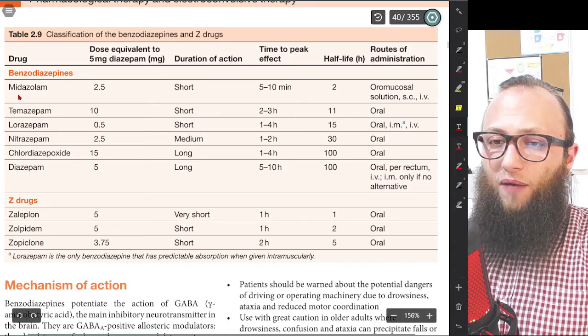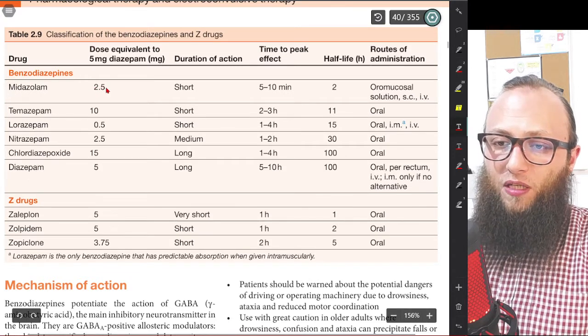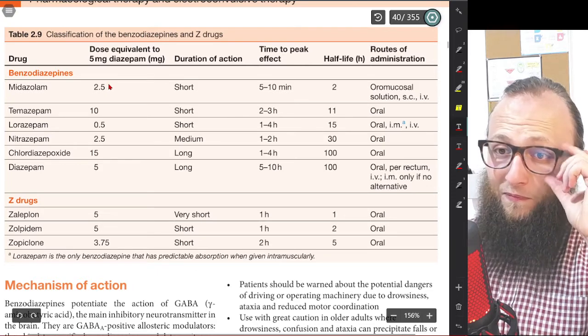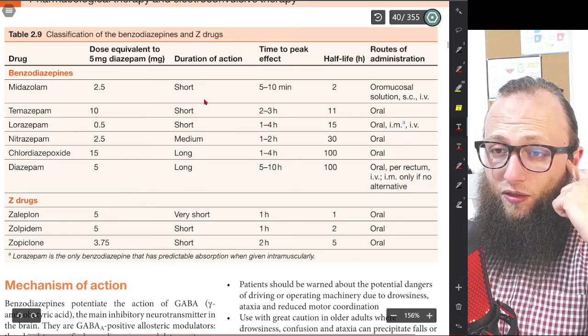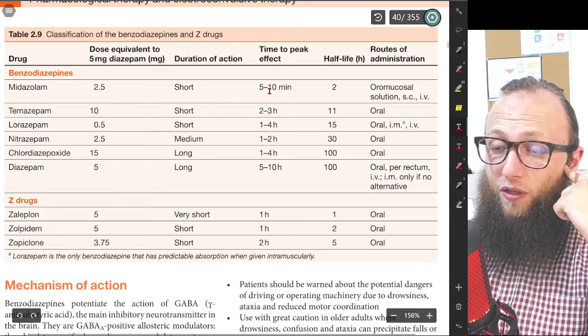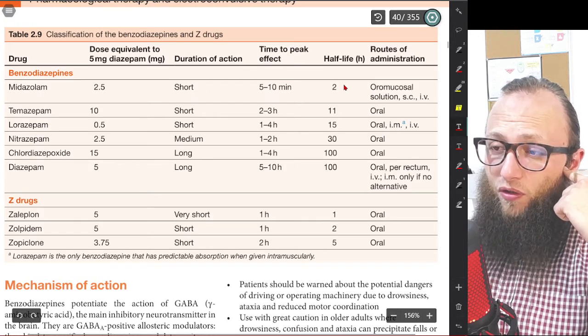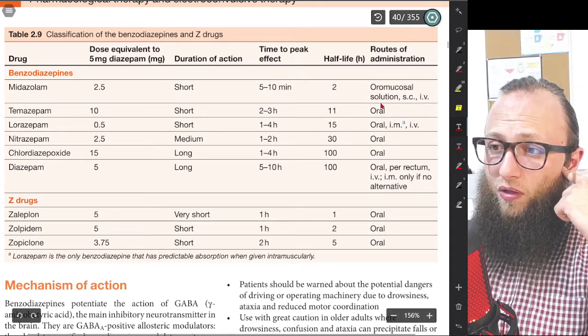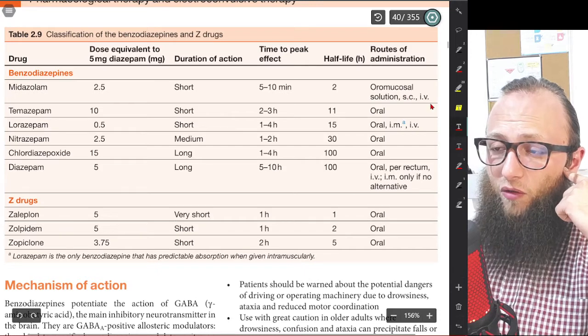So midazolam 2.5 mg is equivalent to 5 mg of diazepam. It has short duration of action and the time to peak effect is 5 to 10 minutes. The half-life is 2 hours and the route of administration is oral mucosal solution, subcutaneous, and IV.